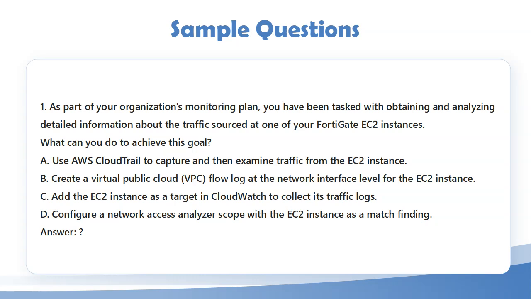B. Create a virtual public cloud (VPC) flow log at the network interface level for the EC2 instance. C. Add the EC2 instance as a target in CloudWatch to collect its traffic logs. D. Configure a Network Access Analyzer scope with the EC2 instance as a match finding.